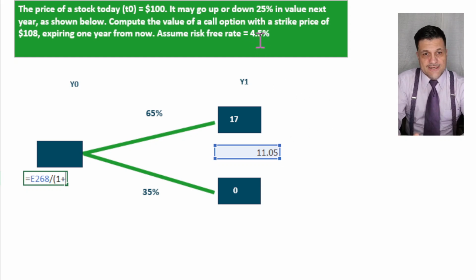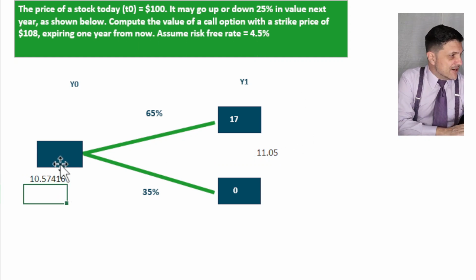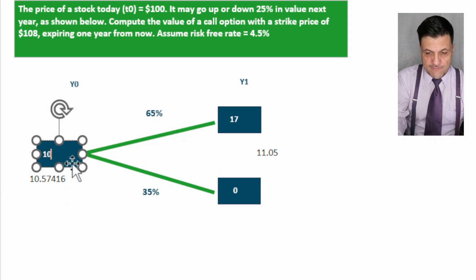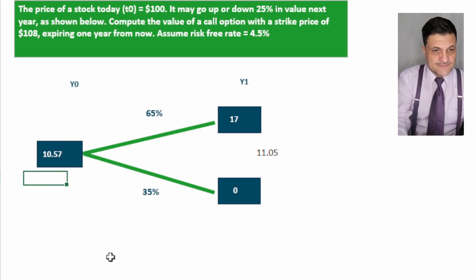Take a look right there, 4.5%. And that's the price of the option today, $10 or 10 money point 57. I'm going to round it to 2 decimals. There you go, friends. Okay?